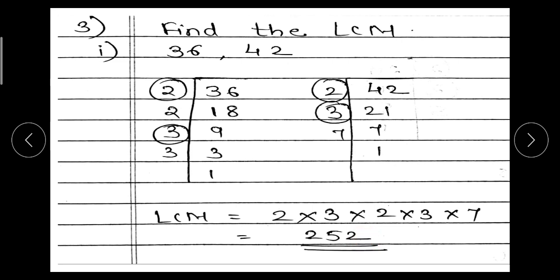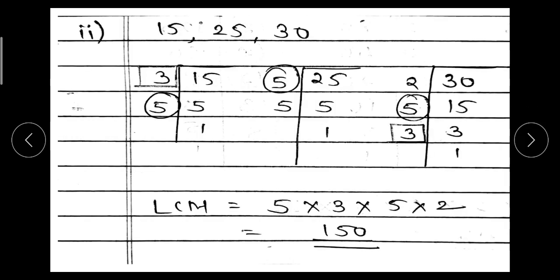Okay. Next question. 15, 25, 30. Factors of 15 are 3 5s are 15, 5 1s are 5. Factors of 25, 5 5s are 25, 5 1s are 5. Factors of 30, 2 15s are 30, 5 3s are 15, 3 1s are 3.